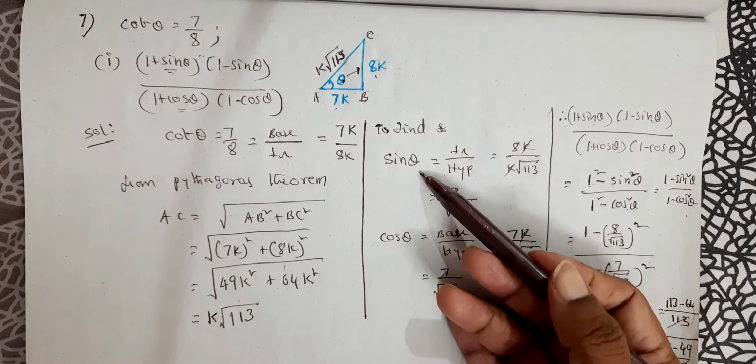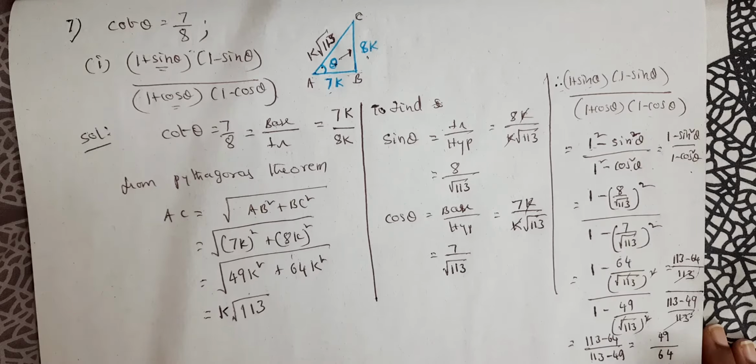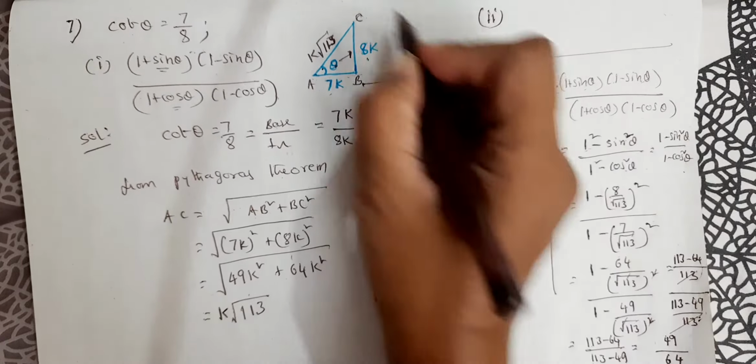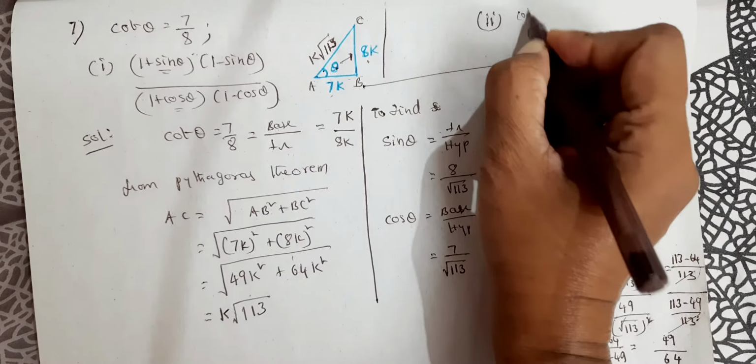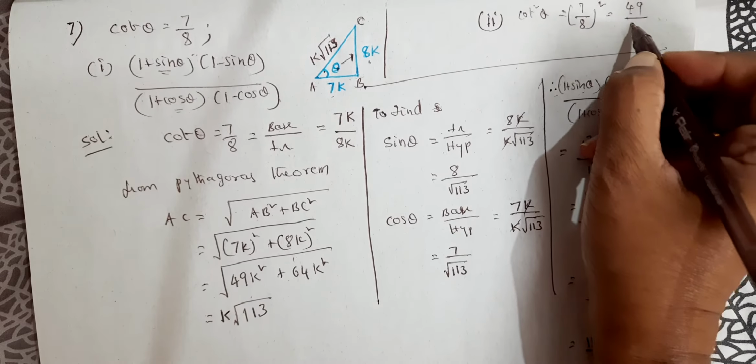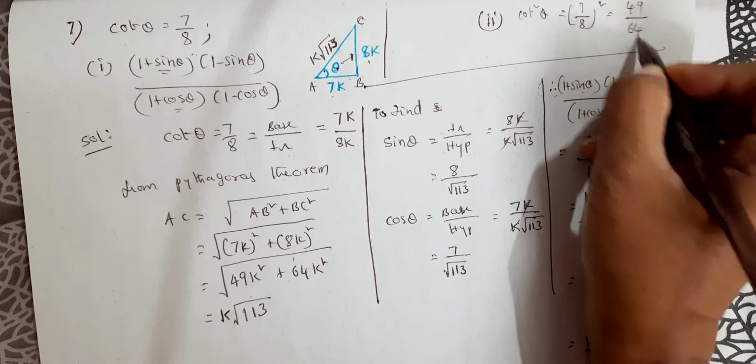Okay, so you can just pause the video and note it down. And in the 7th problem, the second bit is there, that is you have to find out cot square theta. Very easy, because cot theta is already given. So cot square means (7 by 8) whole square, which is 49 divided by 64. 7 square is 49, 8 square is 64.